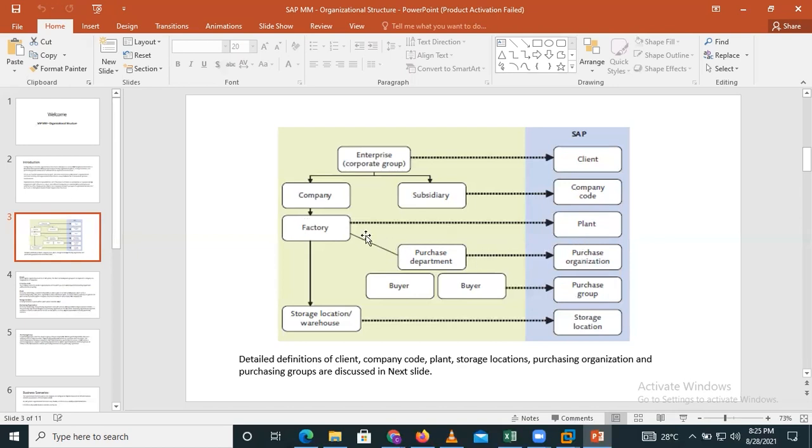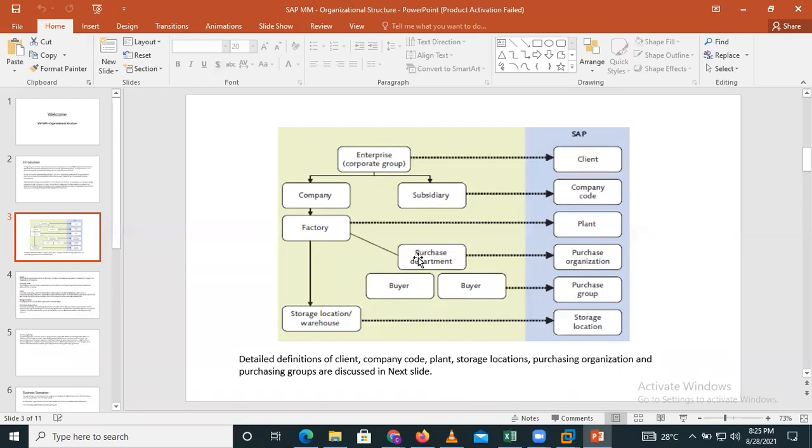Now, for the Jamshedpur factory, all the purchasing activities are done by the Mumbai-located purchasing department. This purchasing department is responsible for all purchasing activities, and in SAP we call it a purchasing organization.